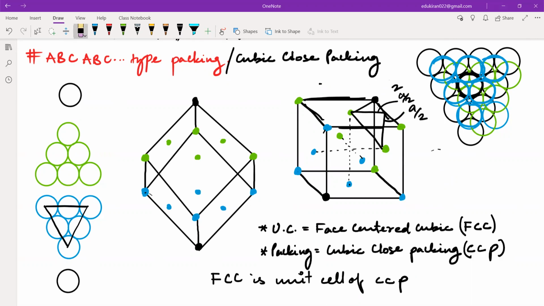Let me erase this part. Okay, just wait a second.